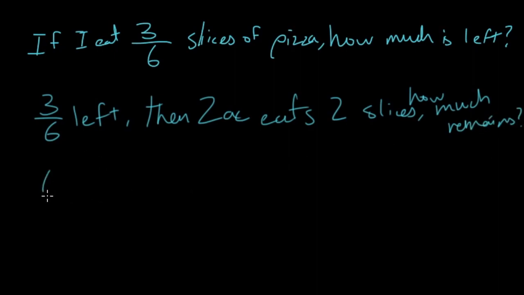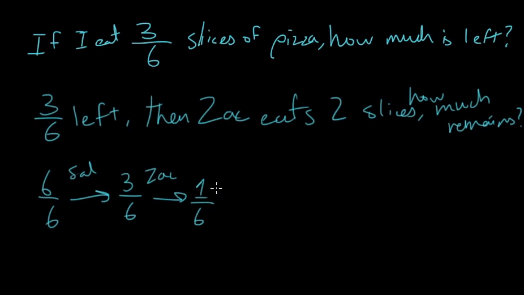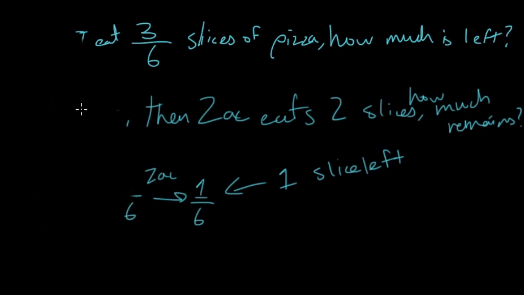So at first there was 6 out of 6, right? The pizza was full. Then I came along, Sal, I ate 3 slices. Then Zach came along and he ate 2 slices. What's 3 minus 2? We have 1 left, meaning that there's 1 slice left. All right, cool.